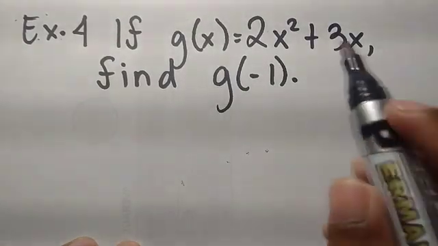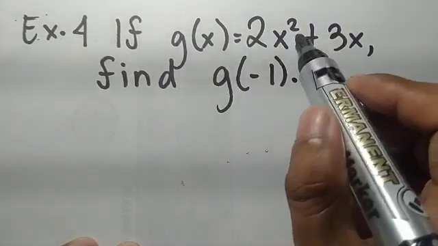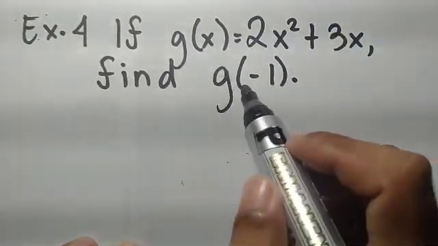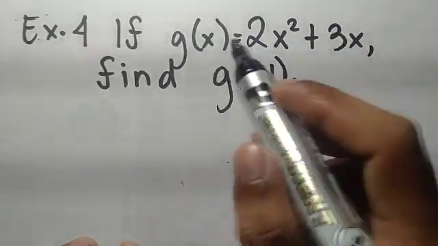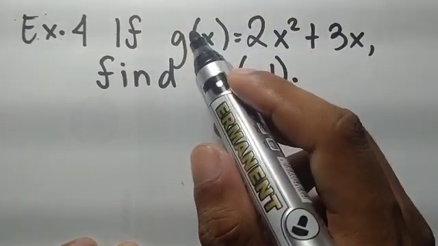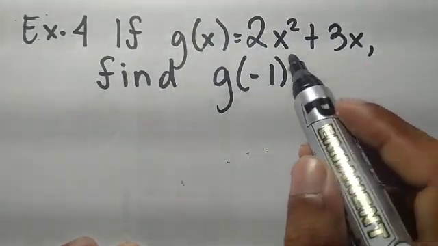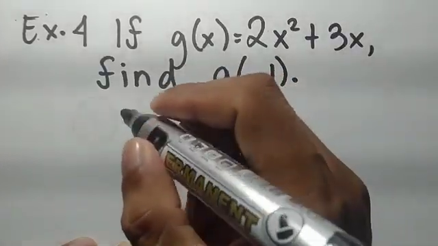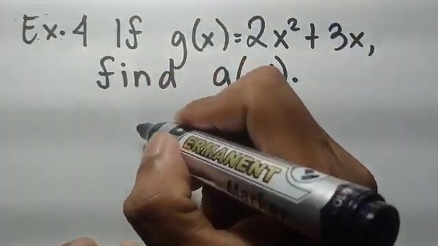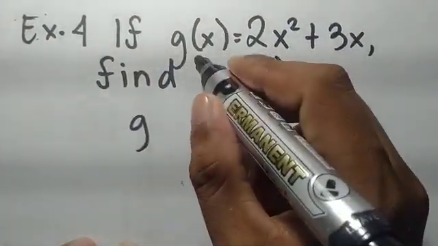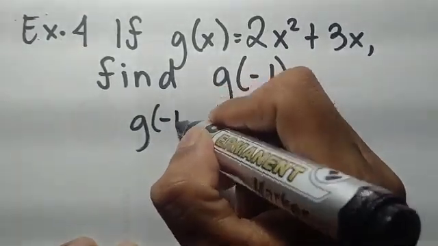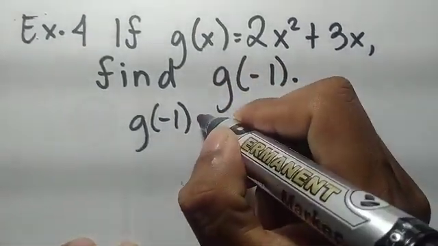Example 4. If our g of x equals 2x squared plus 3x, find the value of g of negative 1. Okay, so we have the same process. I hope you can easily learn this. So our solution, we have g of, instead of x, we replace x with negative 1 here.